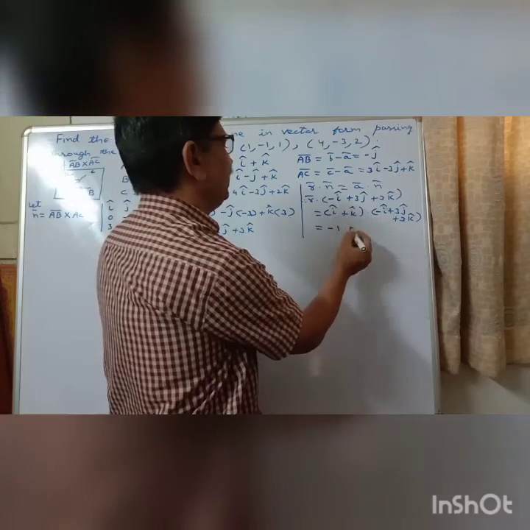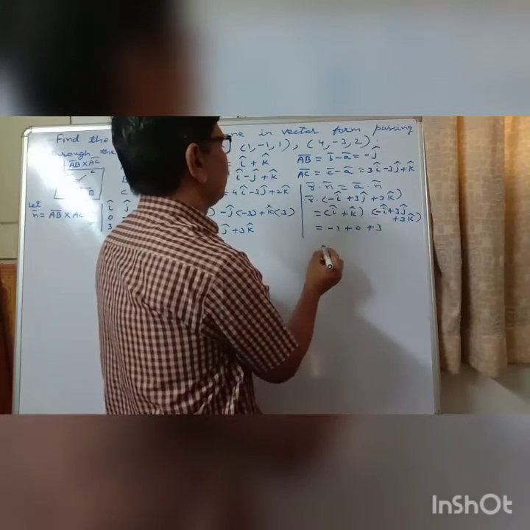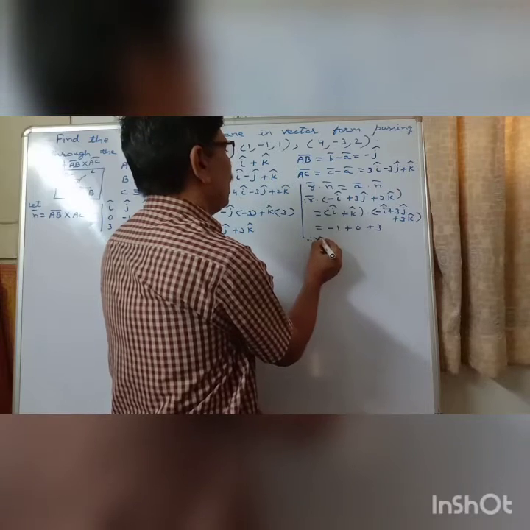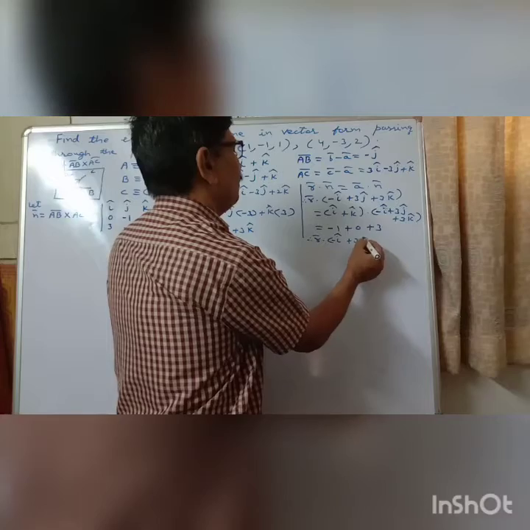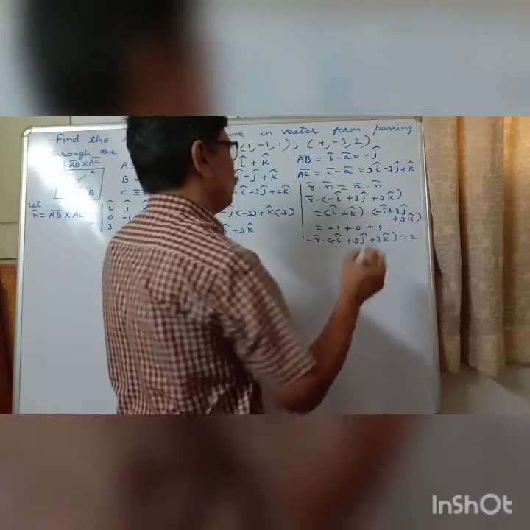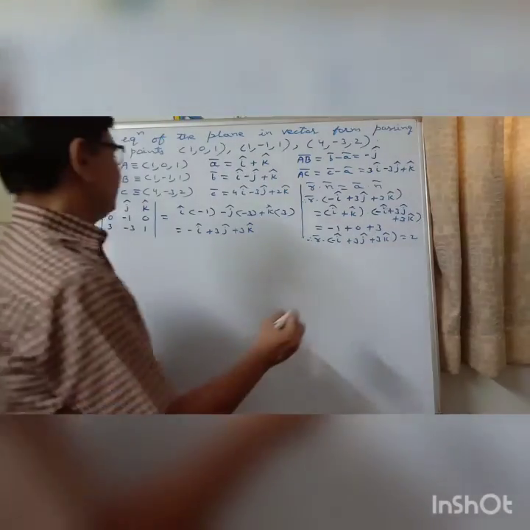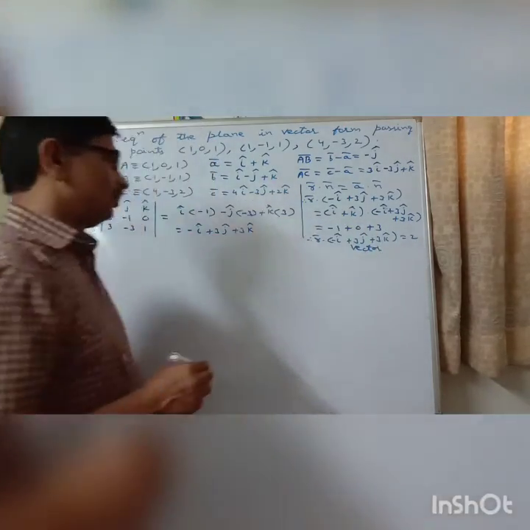The term of j is absent here, 0 into 3, 0. 1 into 3, 3. So R bar dot (minus i plus 3j plus 3k) equals 2. This is the equation of the plane in vector form.